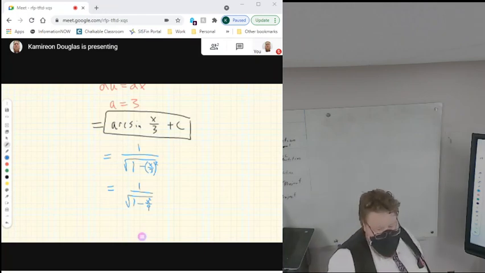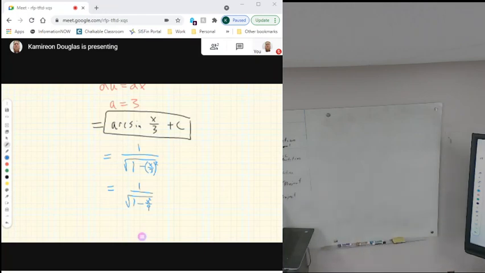Which is kind of neat. I think that's kind of cool. Man, I still swear I had 1 over a. Why is arc sine the only one that does not have 1 over a?